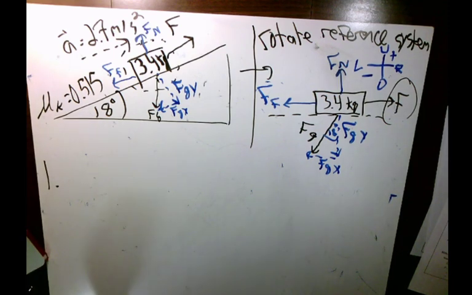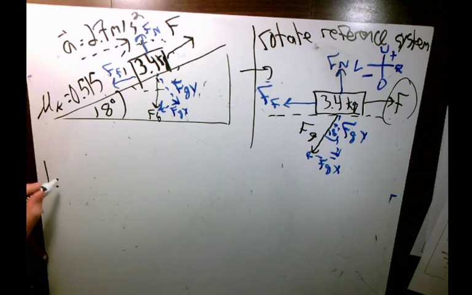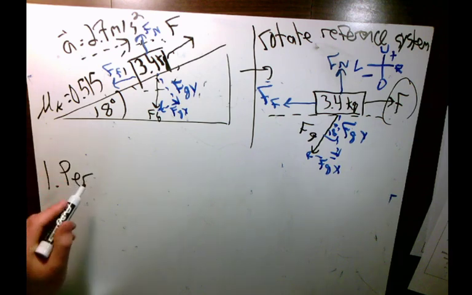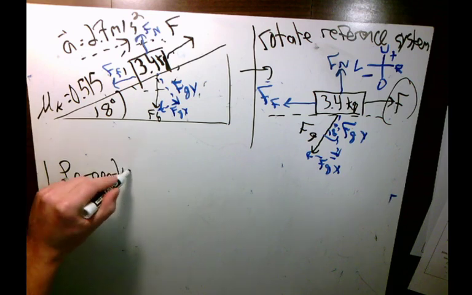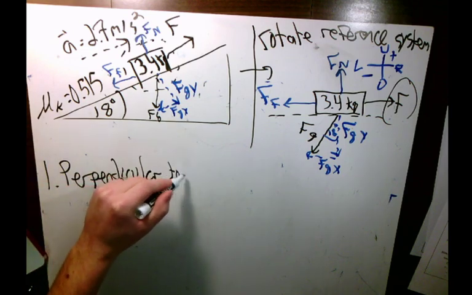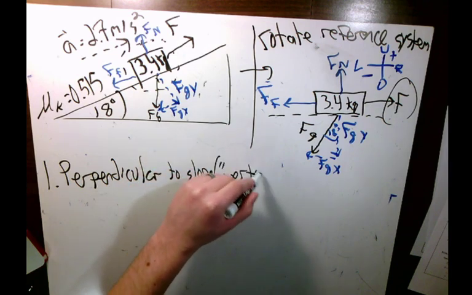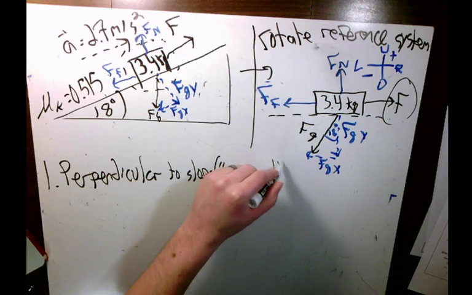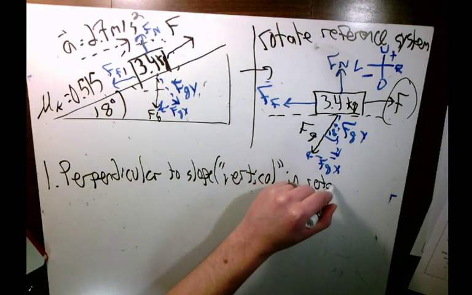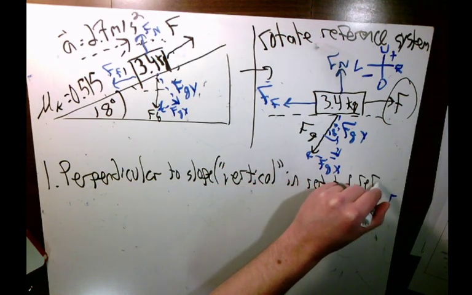we're going to solve for everything that's perpendicular to slope, which is our new vertical. This is what I've rotated in the rotated reference system.